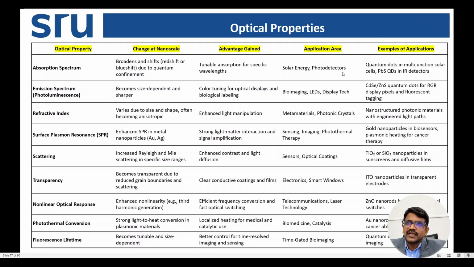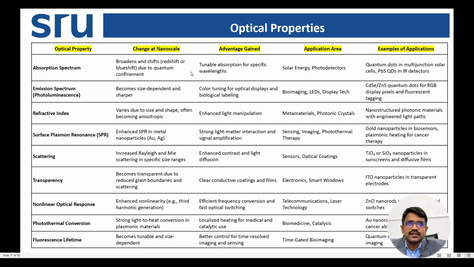Solar energy and photodetectors. Usually quantum dots in multi-junction solar cells, and also lead sulfide quantum dots in IR detectors. In solar energy and photodetectors, this particular property, absorption spectrum and its tunability, has more advantages.